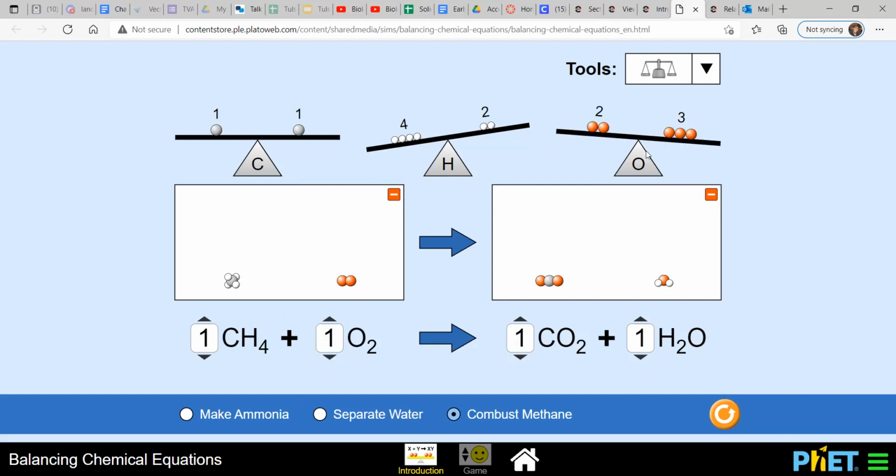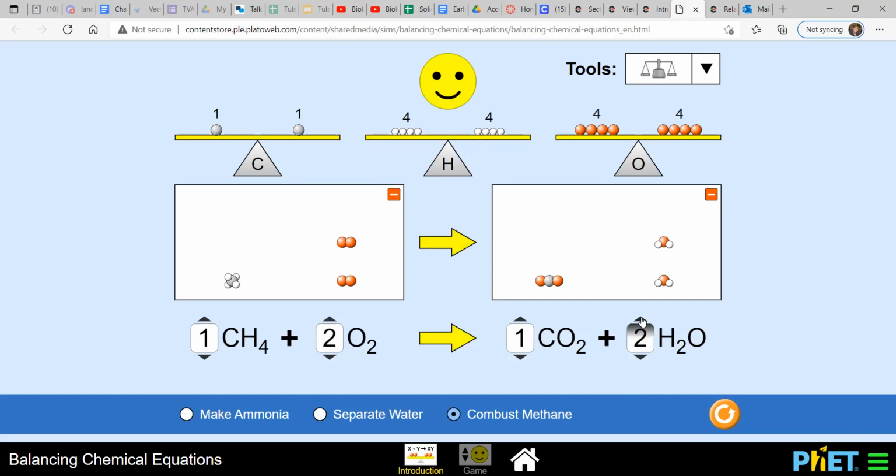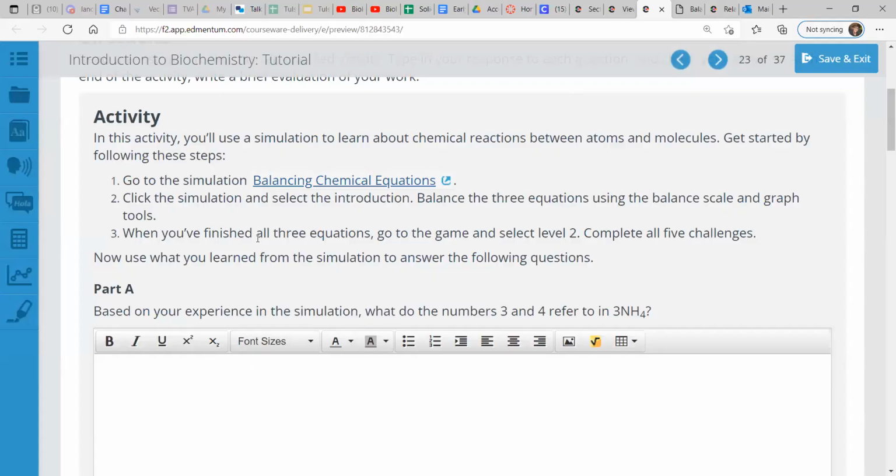Right here, I saw oxygen: there's 3 on the right, 2 on the left. So I'll add 2 to the left, and now we have 4 and 3. I also see that we need hydrogen on the right-hand side too, and then I added an H2O molecule. That balanced out carbon, hydrogen, and oxygen. Okay, so cool beans. Let's go back.